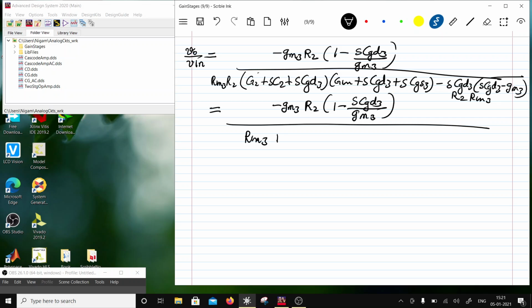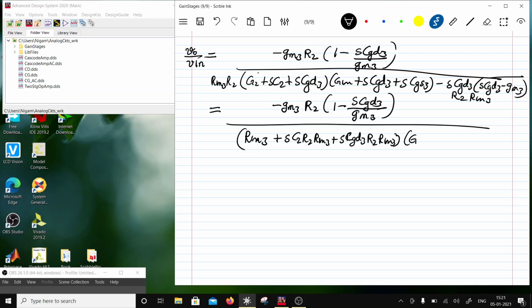Okay, Rn3 plus SC2 R2 Rn3 plus SCGD3 R2 Rn3.